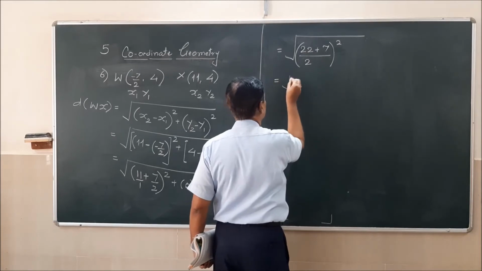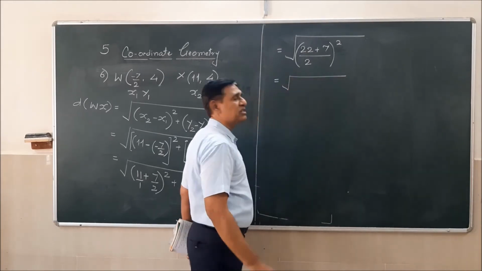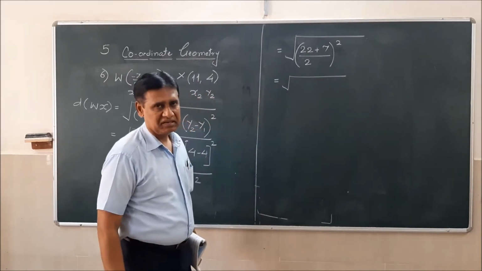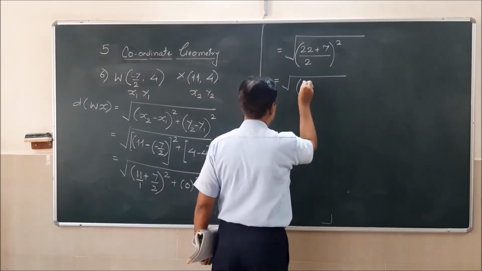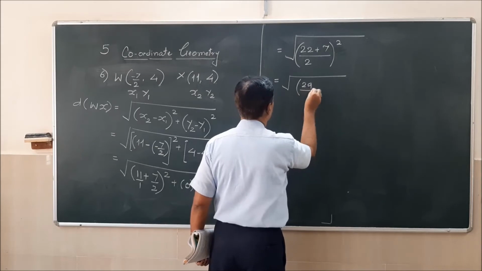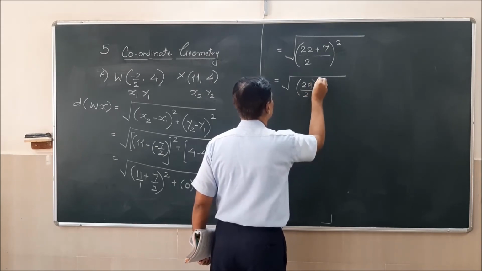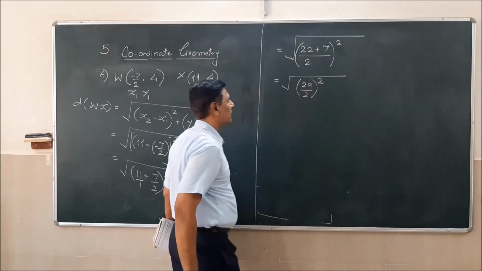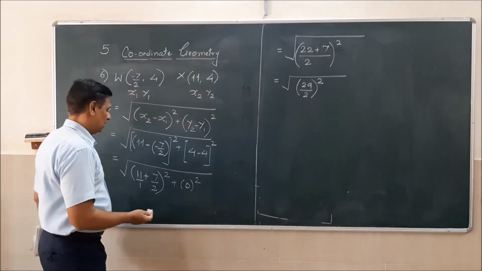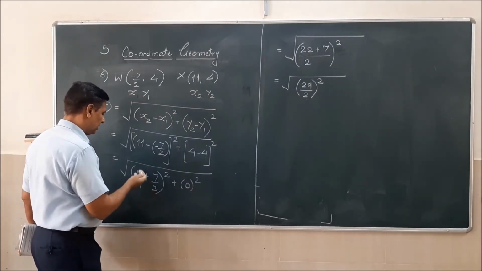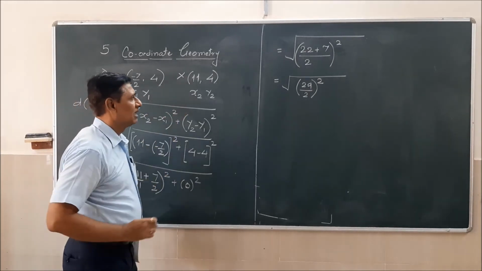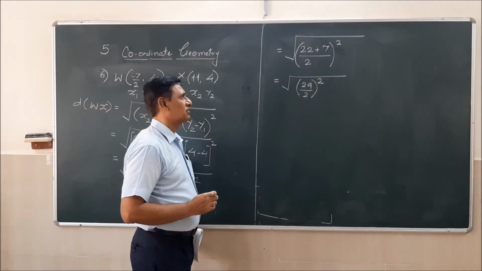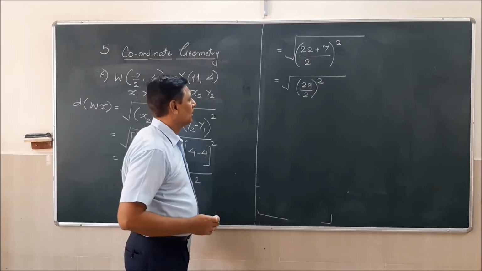Whole square. That will be 22 plus 7. 22 plus 7 is 29 upon 2, the whole square. Try to understand. I have done here 11 twos are 22 plus 7 ones are 7. 22 plus 7, I got it as 29, the whole square upon 2.